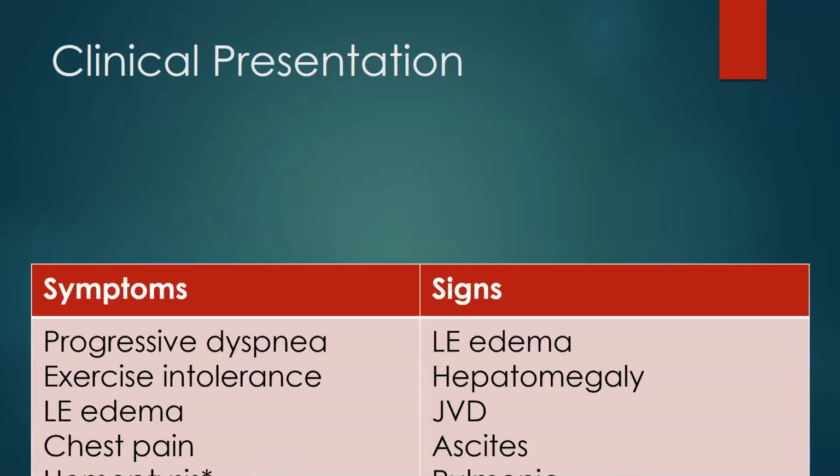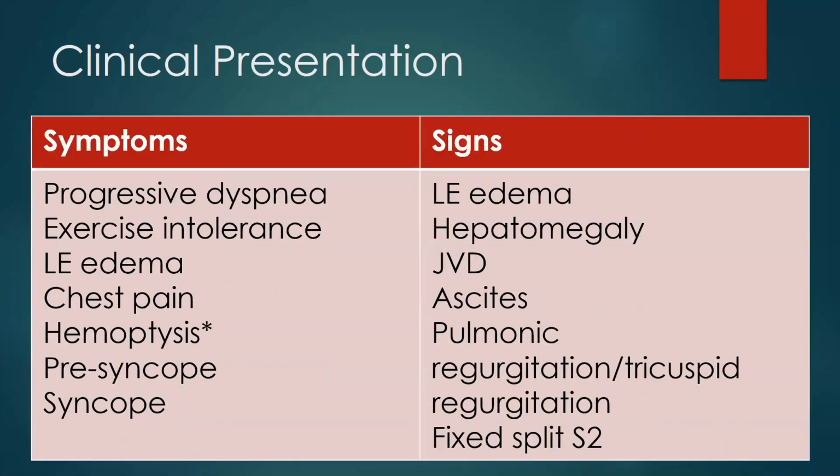All right, so the point I want to make here is that they often won't present till late. Initially they won't have much limitation, and then as their RV dysfunction gets worse, they often will present in florid RV failure. So symptoms are progressive dyspnea and exercise intolerance that we talked about. Somebody mentioned lower extremity edema, chest pain, syncope. Do you know why we see the hemoptysis with this disease specifically?